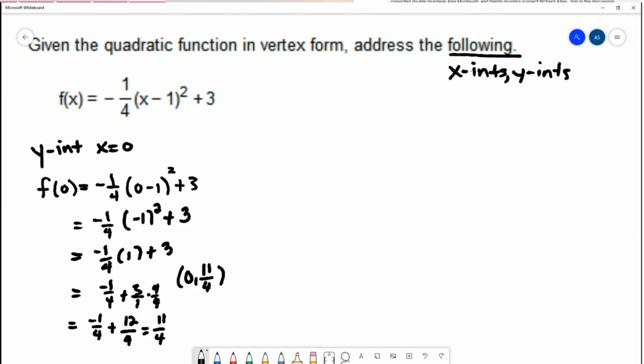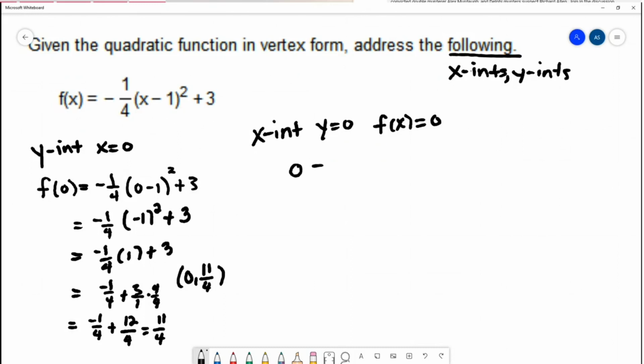So then we want to find any x-intercepts. And you find x-intercepts by letting y equal 0. Our equation is written in function notation, so f of x is the same thing as y. We'll set f of x equal to 0.